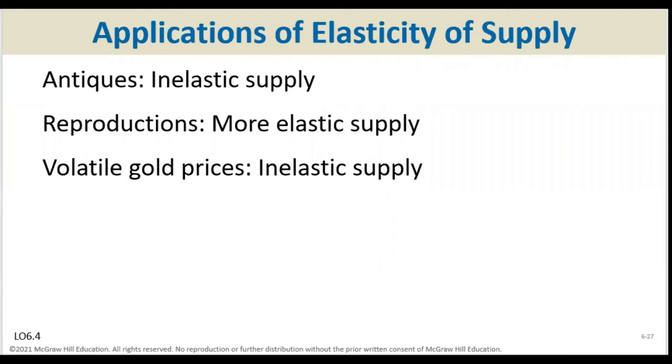It becomes more elastic supply. I set over here the example of gold prices. Why are gold prices volatile? Because the supply of gold is highly inelastic and unstable due to many reasons. One of them is speculation that causes the price of gold to fluctuate significantly. Within a short period, you can see the price of gold go up and down.